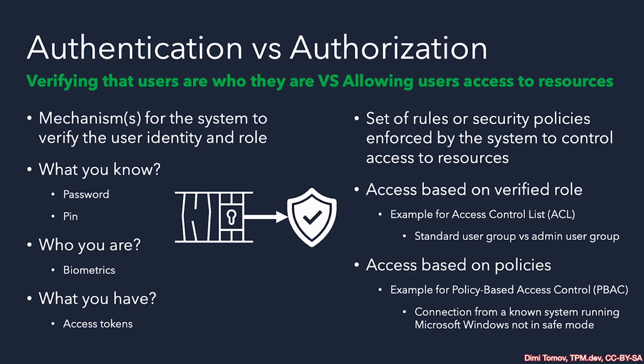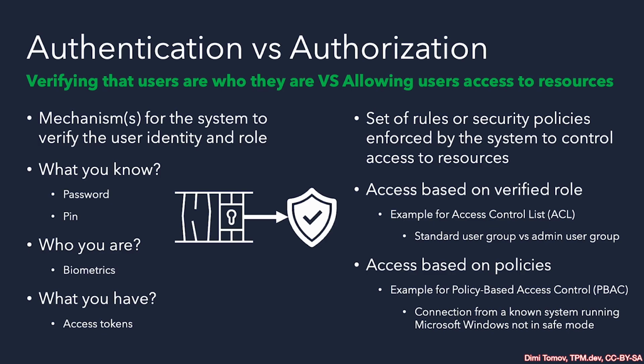So we will allow the installation of new software on the company laptop only when the user is part of the admin group. But we are unaware of who that user exactly is. It's not required. It can be also a validation of the user identity, but the principle of authorization is that we focus on the set of rules that need to be met to enable what needs to happen.